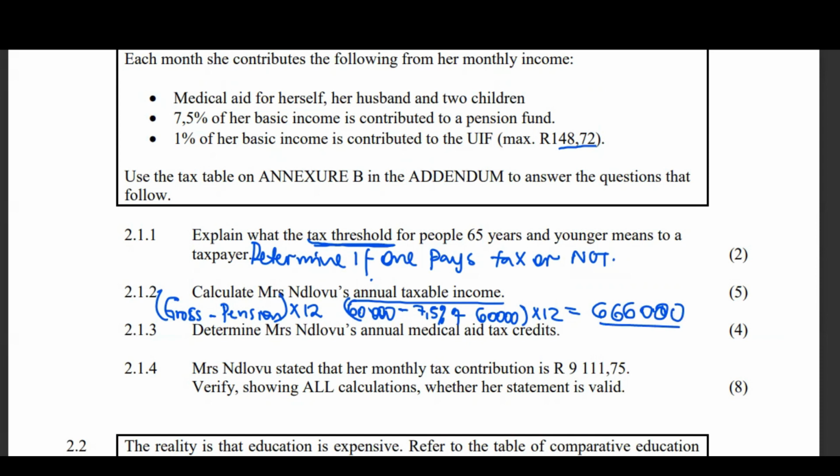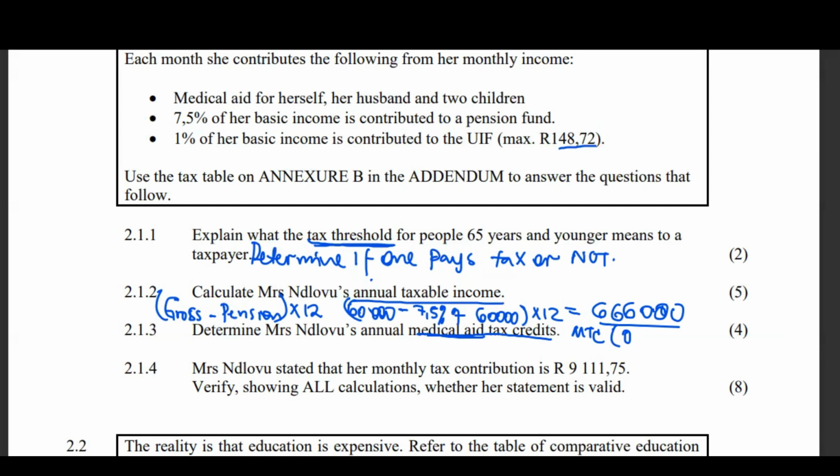Okay, so they say determine Mrs. Ndlovu's annual medical aid tax credits. I will always write them as MTC. So this one will depend on the number of dependents.